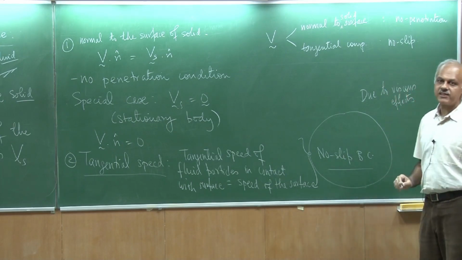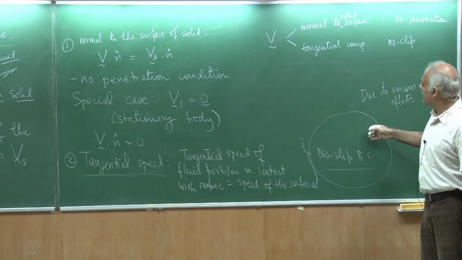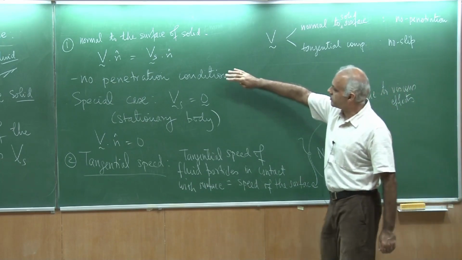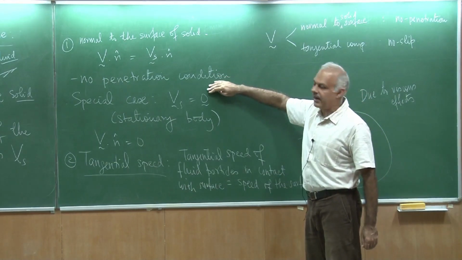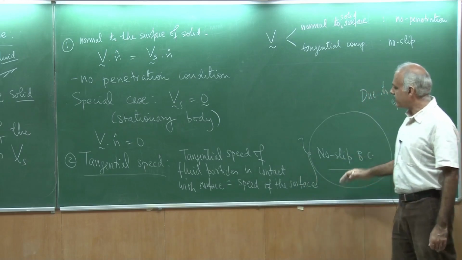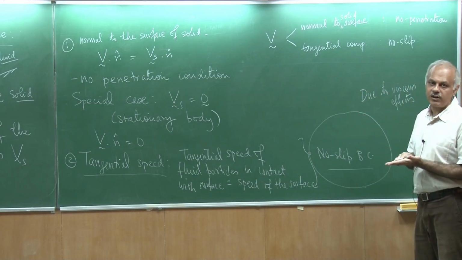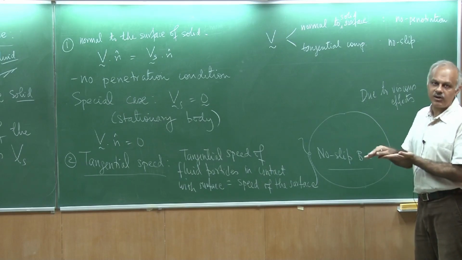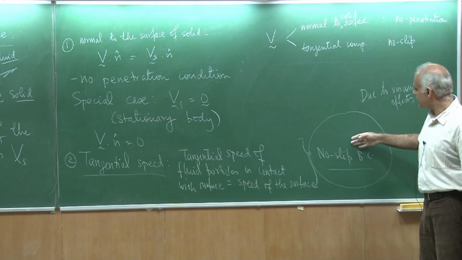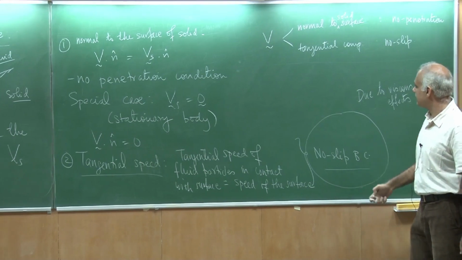If I had a frictionless flow or an ideal fluid, that means it has no viscosity, then I would still have to respect this condition that my fluid cannot penetrate a solid surface. But as far as the tangential speed is concerned, just like in solid mechanics, if I do not have friction, I can slip on a solid surface. Likewise, a fluid element can actually slip on this solid surface.